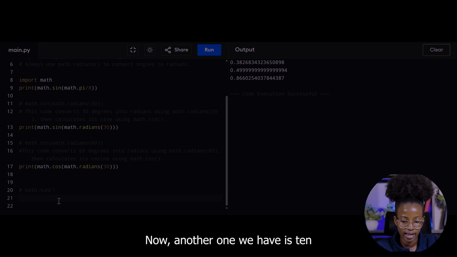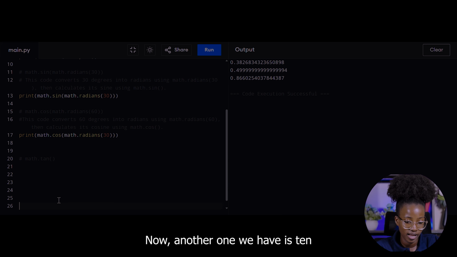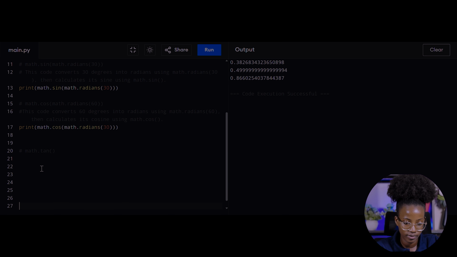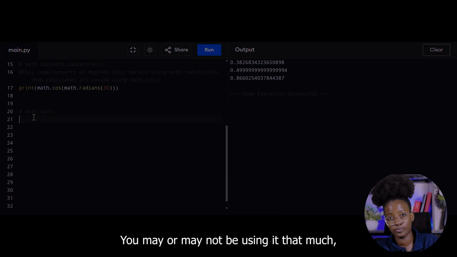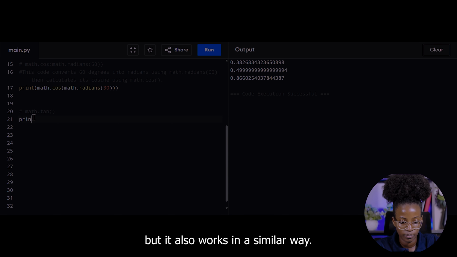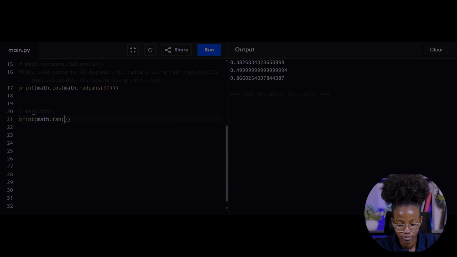Now another one we have is tan. Math.tan. It's not a very common one. You may or may not be using it that much, but it also works in a similar way. So we have math.tan of math.pi over 2, for example.